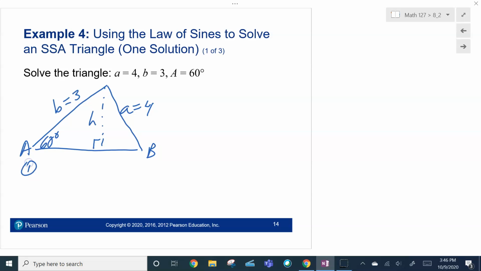So number one, sine of 60 degrees is h over hypotenuse 3. So multiply 3 on both sides. You get 2.598. Okay? So let me go back to the diagram for a minute.